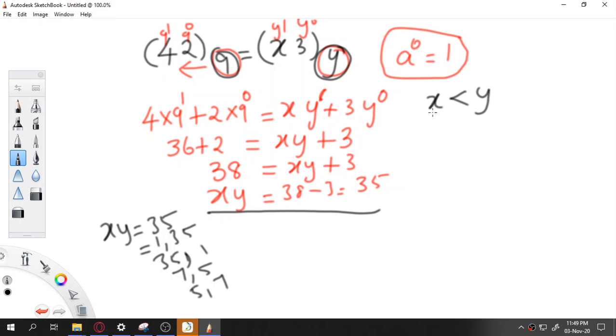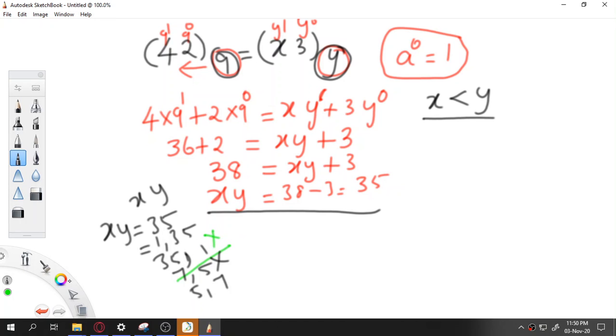And the condition given here is x is less than y. So when you say x and y, with x less than y, this possibility is not available. So this is the wrong case. Because here x is greater, and 35 is greater than 1, this is also not a possible case.